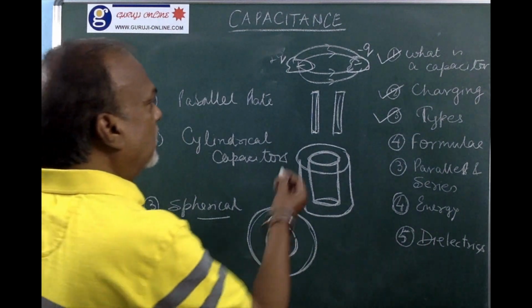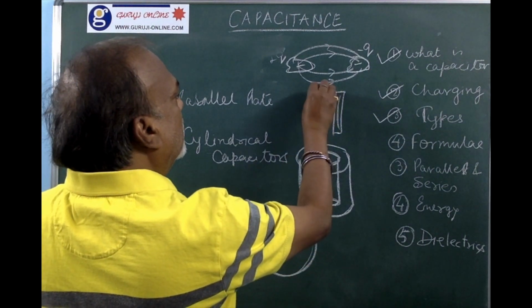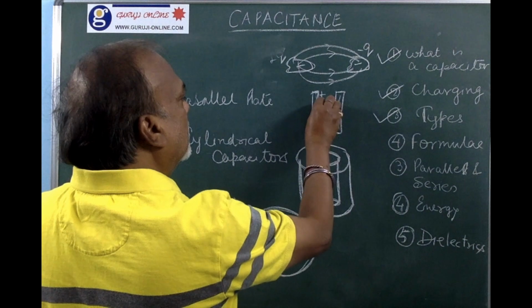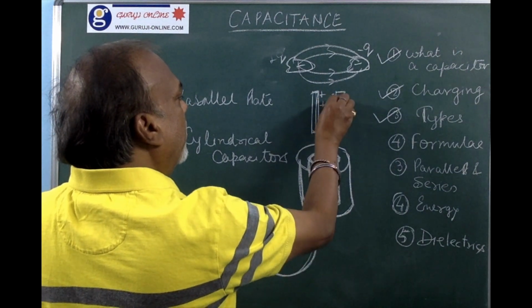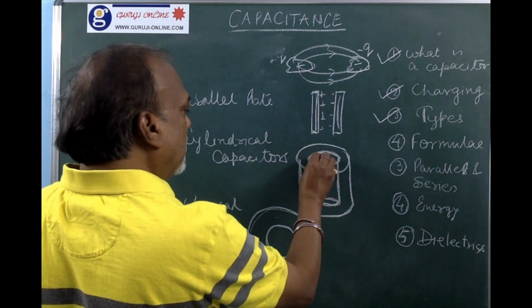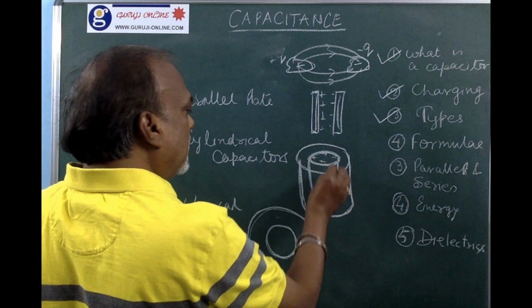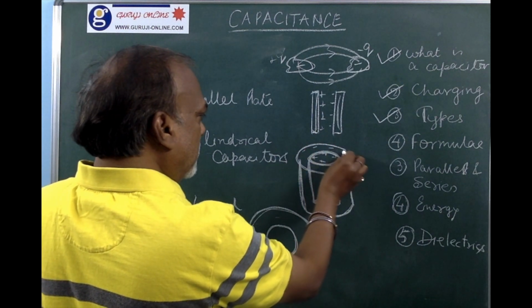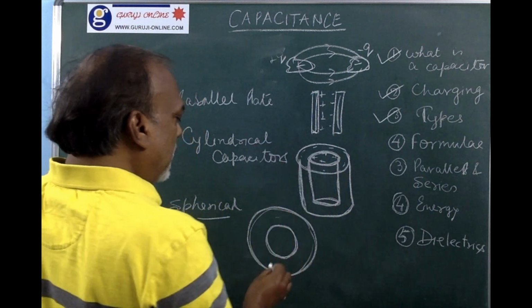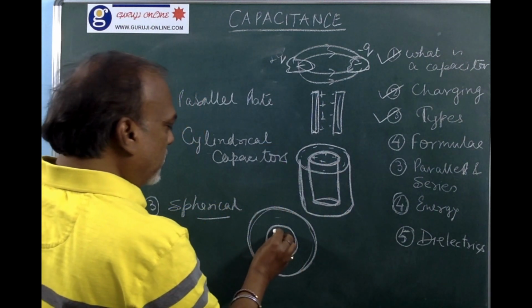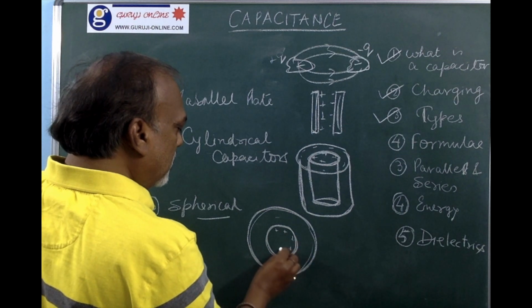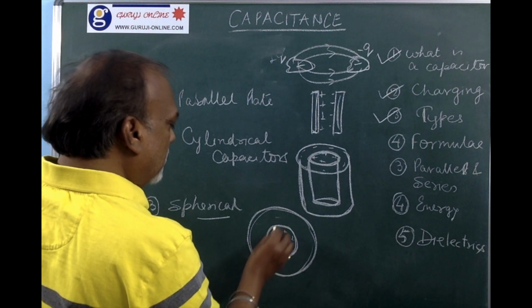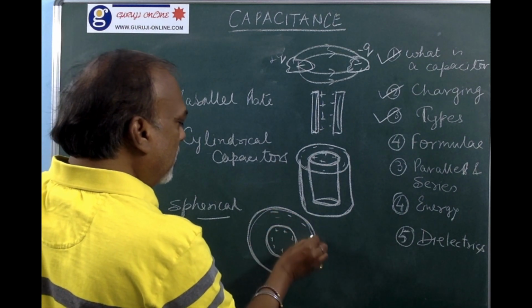So this is also like I told you, this is your plus, here minus, like that. This can be plus and this can be minus, like that. Here this can be plus, this can be minus.